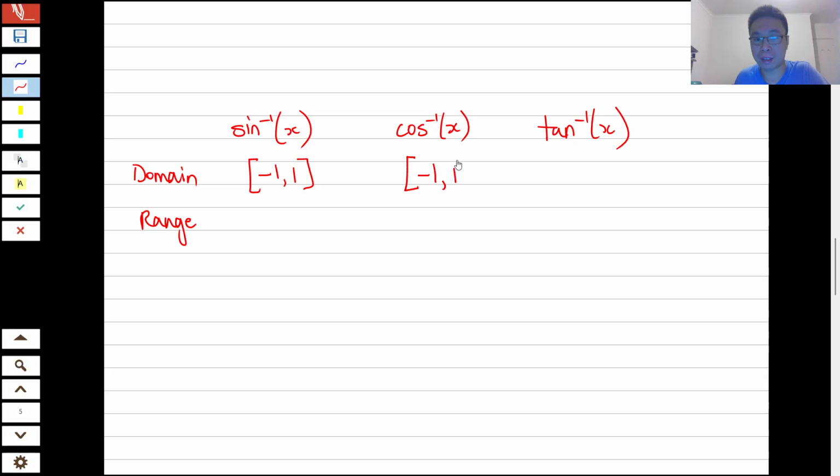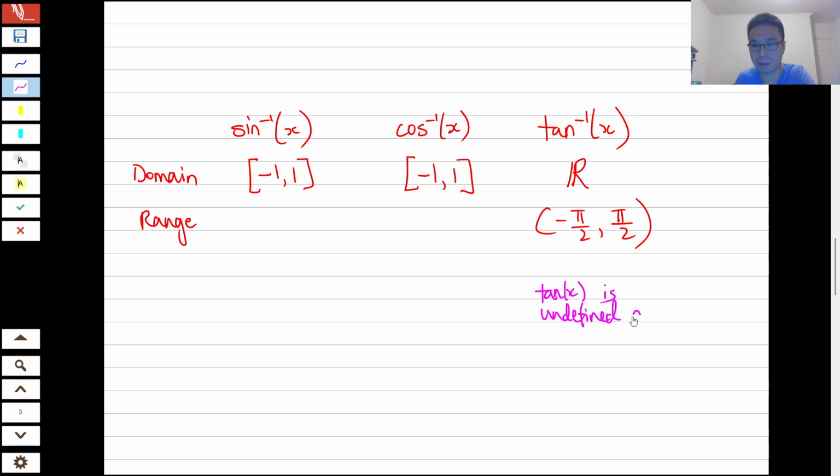Same with cosine. However, for arctan or inverse tan, I can take the inverse tan of any number. Now the range for inverse tan is -pi/2 to pi/2 with the endpoints excluded because tan is undefined at plus or minus pi/2.